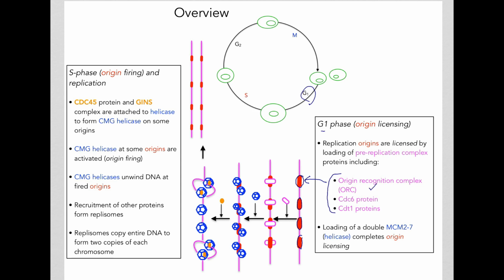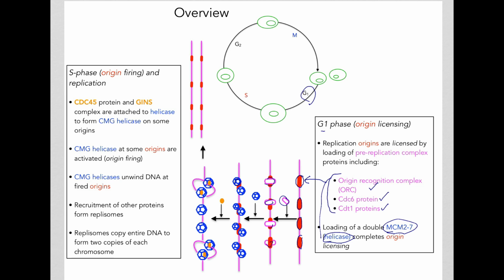These include the origin recognition complex, CDC6 protein, CDT1 protein, as well as helicase, which is the MCM2-7 proteins. All of these proteins will bind to the origins of replication.